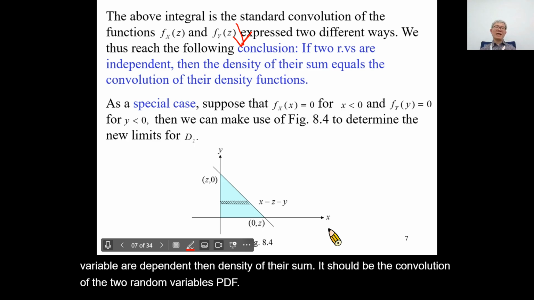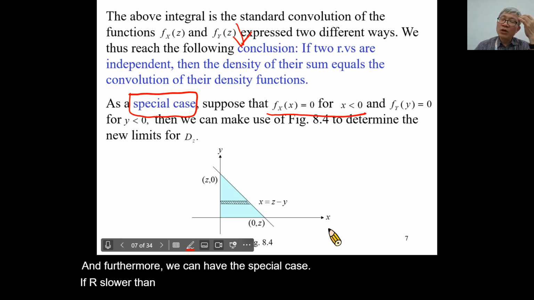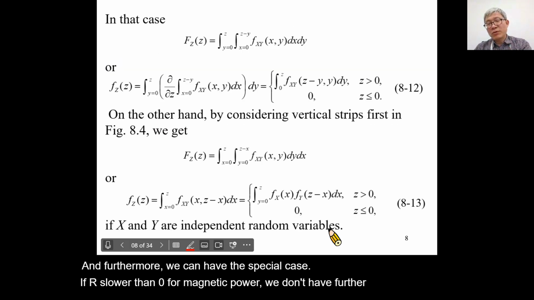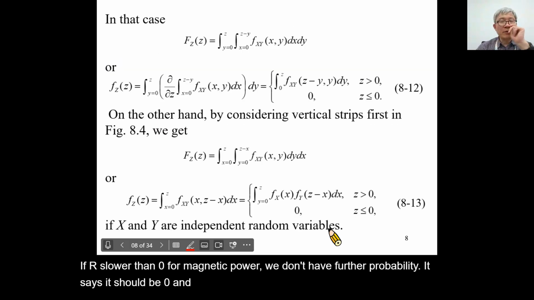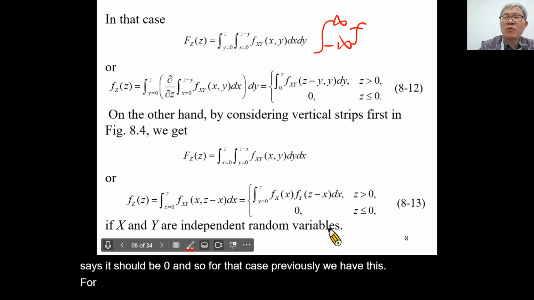And furthermore, we can have the special case. If s is lower than 0 for a non-negative variable, we don't have the probability, so it should be 0. For that case, previously we have this, for example, in terms of y.